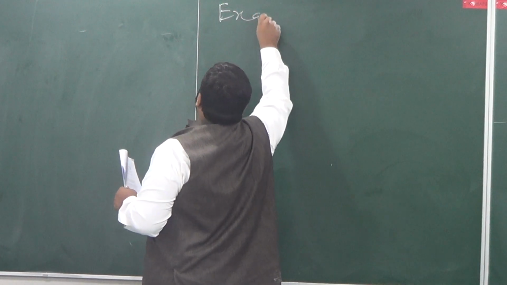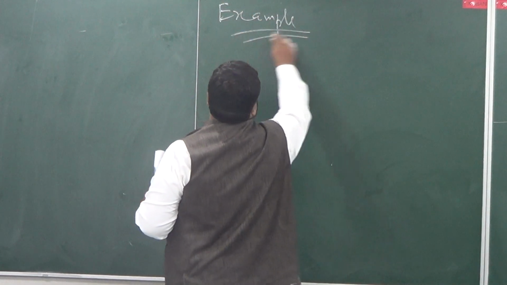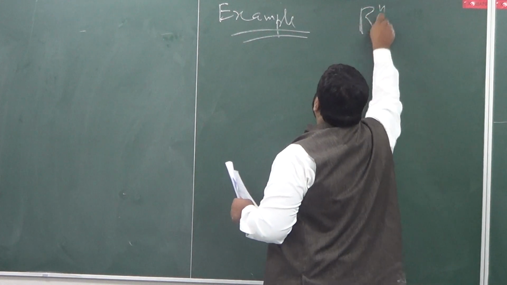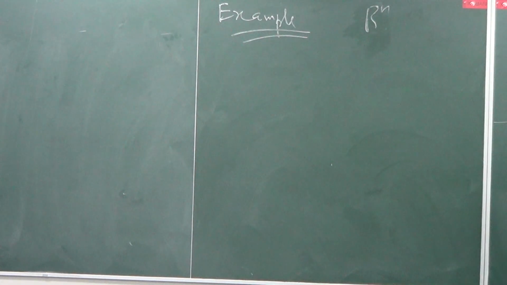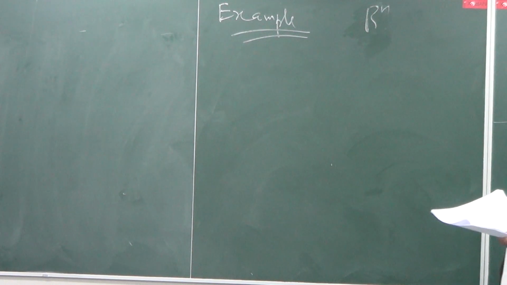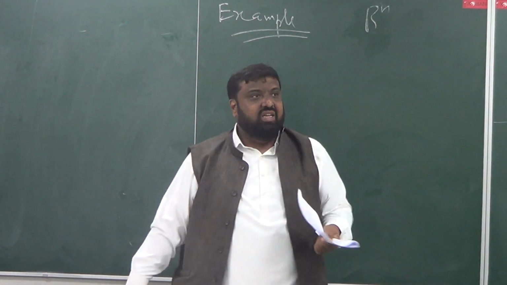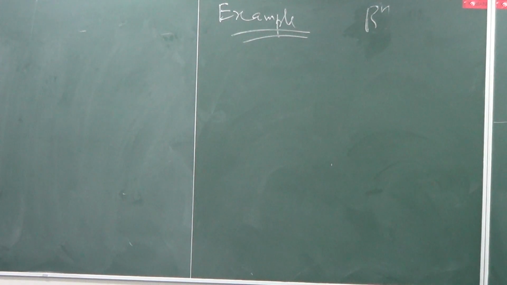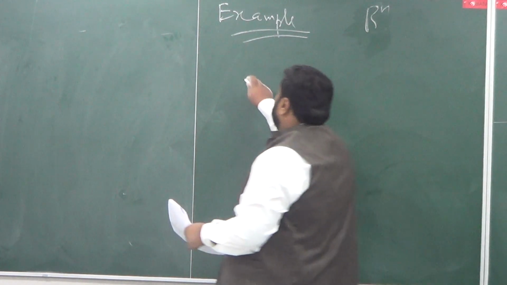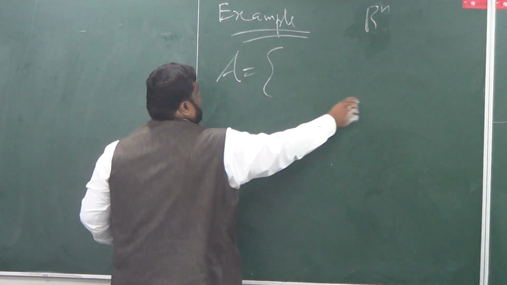Example number 1. Let's take R^n, any n-dimensional vector space. Is it a smooth manifold? Number 1, is it a topological manifold? We have seen it already. Yes, sir, it's a topological manifold. So the only thing that you need is an atlas actually. So what would be the atlas on it?